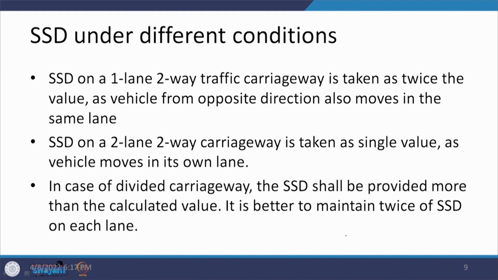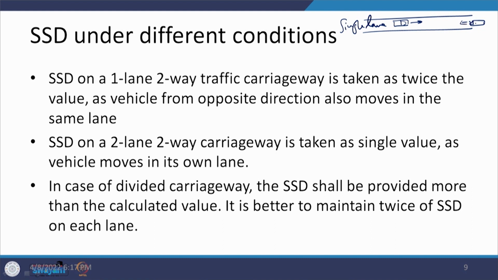Now, when you are talking about a leveled surface, there can still be another condition. Say you have a road which is single lane, and therefore has a width which is quite small, something like 3.75 meters. There is a vehicle moving in this direction and another vehicle moving in this direction.